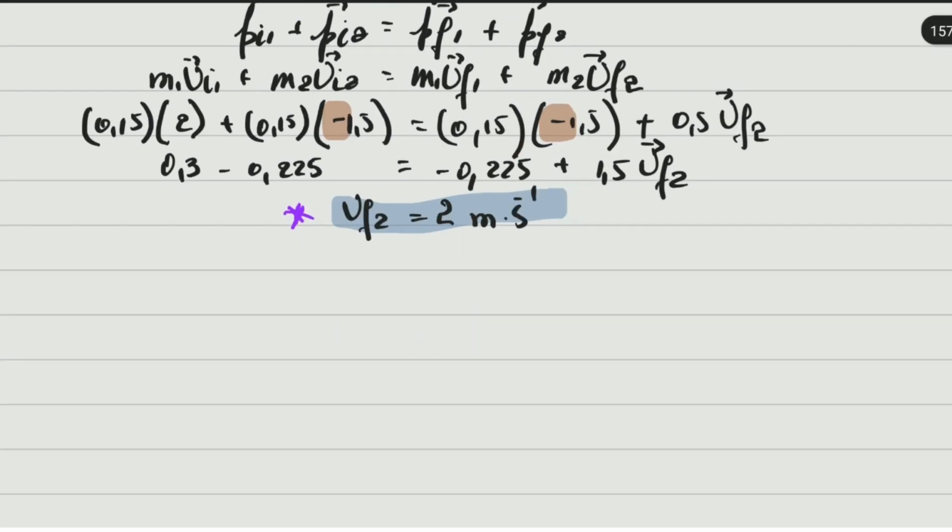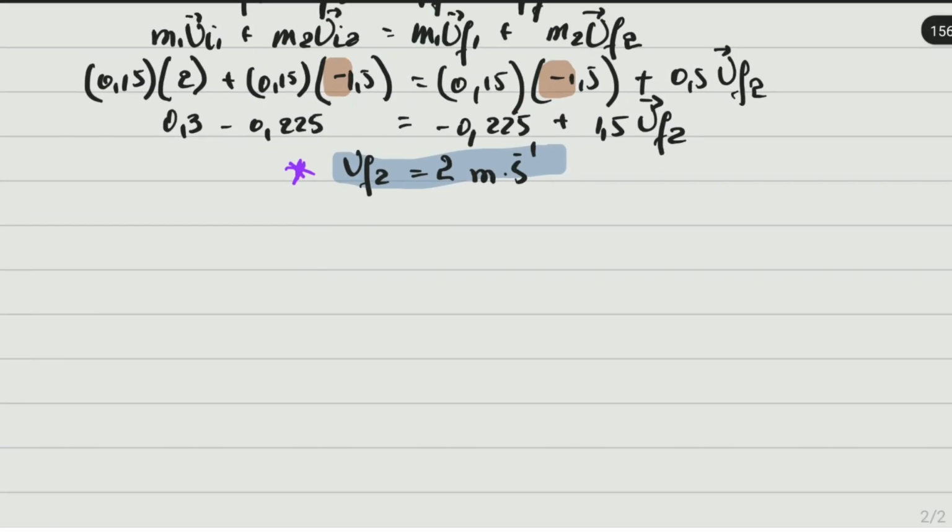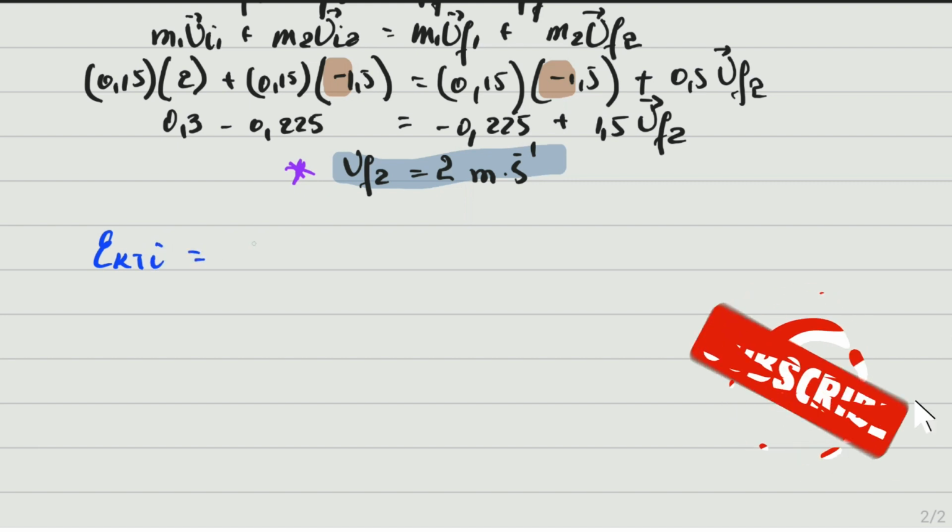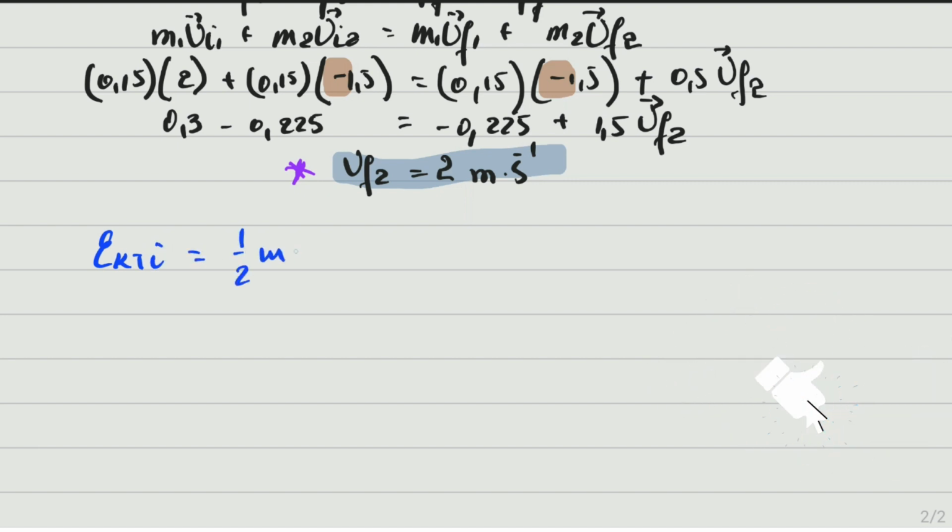Now, what we're going to do is apply the conservation of kinetic energy. We're going to calculate the total kinetic energy initial and the total kinetic energy final. And if the total kinetic energy initial is equal to the total kinetic energy final, then we say the collision is going to be an elastic collision.